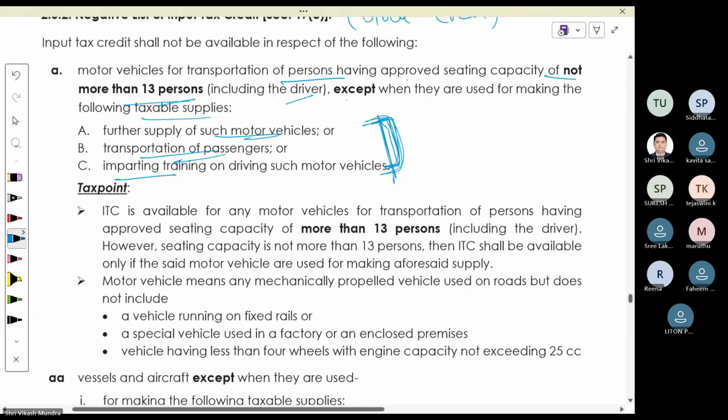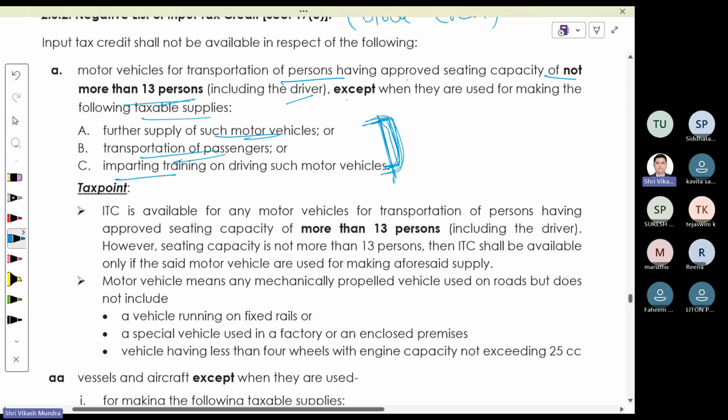However, if I am a dealer of Maruti Suzuki, I bought cars from Maruti and am selling them to the customer, I am eligible for ITC because I am engaged in the business of motor vehicles. If I am engaged in the business of transportation of passengers, suppose I am a travel agent and I am using that motor vehicle for that purpose, ITC is available.